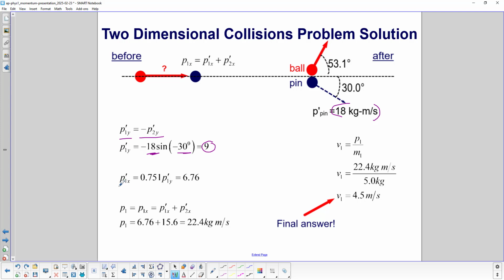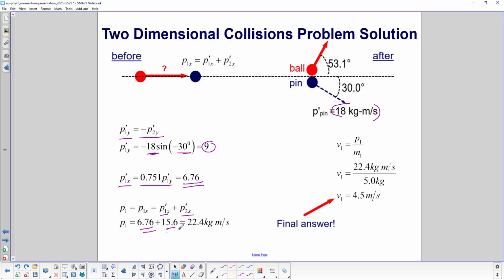We can then find p'1x, which we solved on a previous slide as 0.751 p'1y, and that is 6.76.